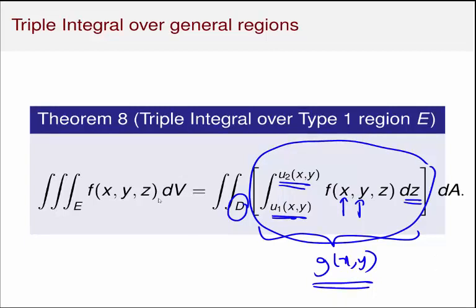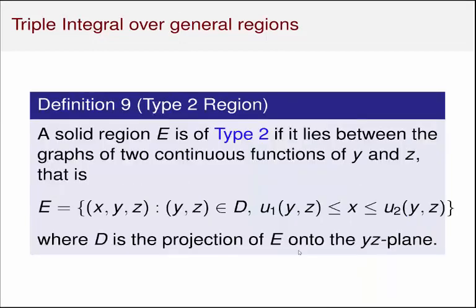Alright, let us now look at type 2 region. Well, a solid E is of type 2 if it lies between the graphs or surfaces of two continuous functions of y and z. So this time, the solid E consists of points such that y, z comes from a region D on the yz plane, whereas the variable x is bounded between two functions of y and z.